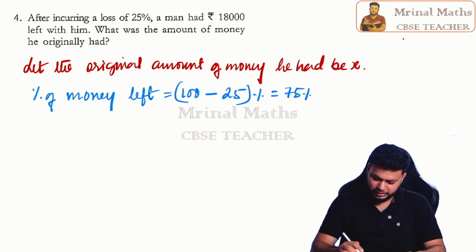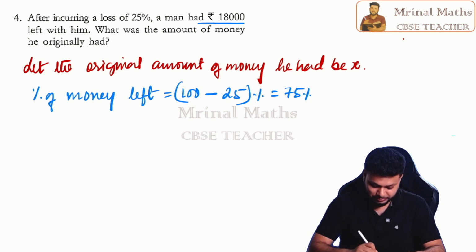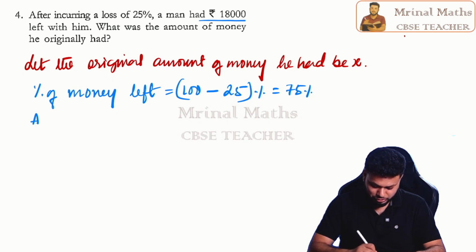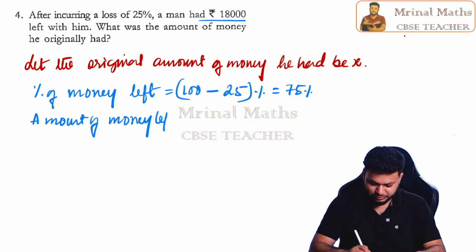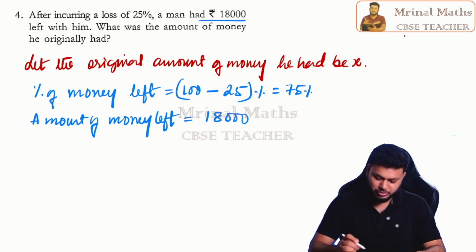Next, in the question, they already said the amount is given, which is 18,000. So, I am also writing the amount of money left, that is 18,000 rupees.